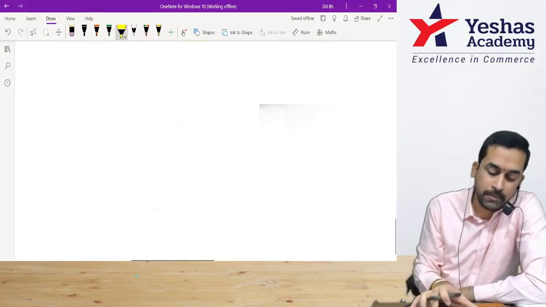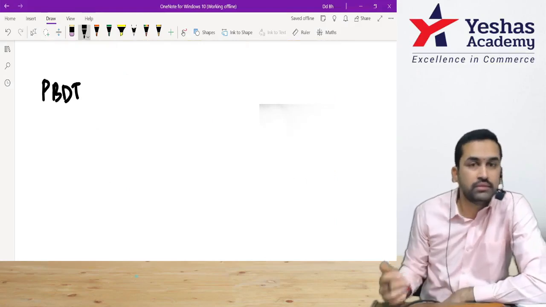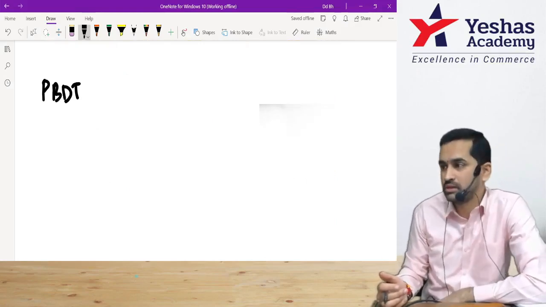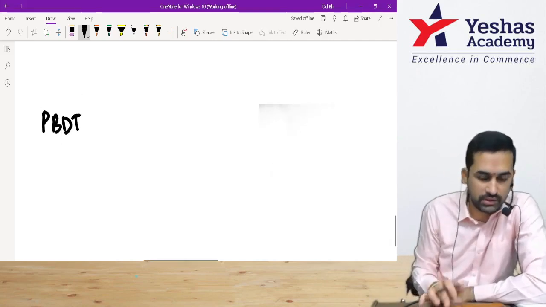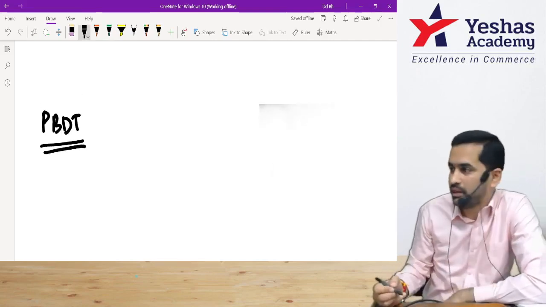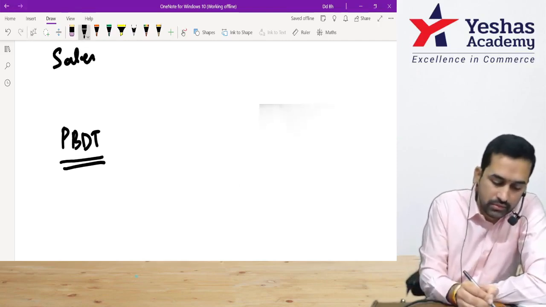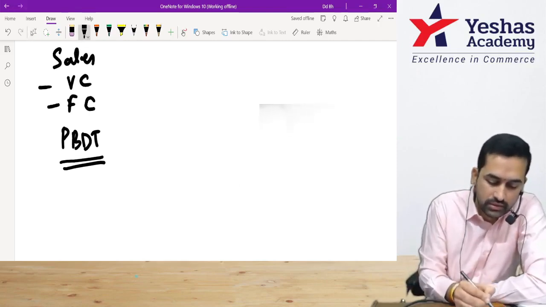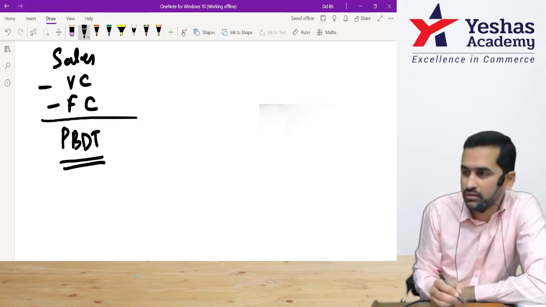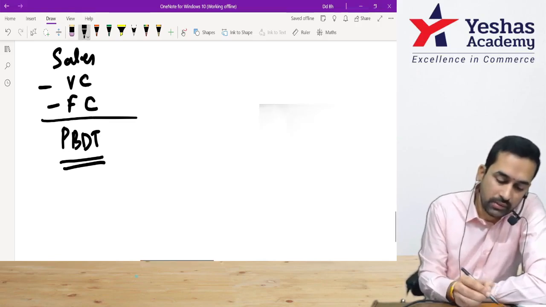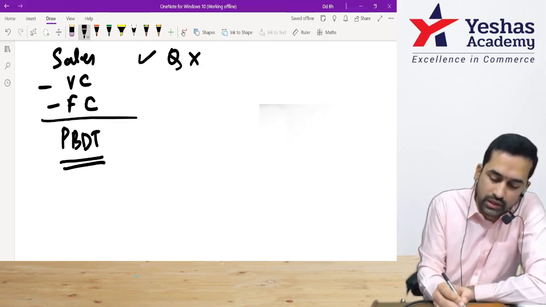I'll repeat. We started our chapter with one simple sum on capital budgeting. We started with PBDT, profit before depreciation and tax. Tell me, how do we reach PBDT first of all? We would have done sales minus variable cost minus fixed cost. Assume we have not taken depreciation. Then this is PBDT. Now tell me, how do you get sales? This is based on sales quantity into selling price.